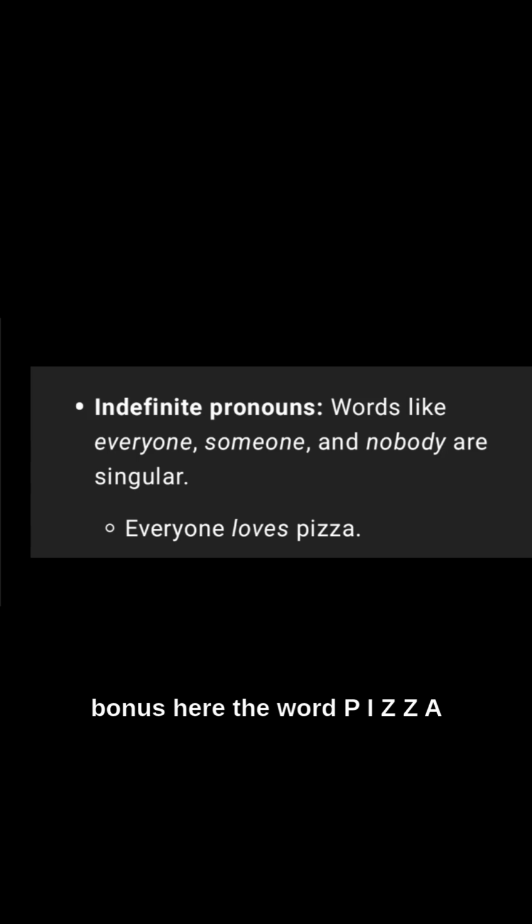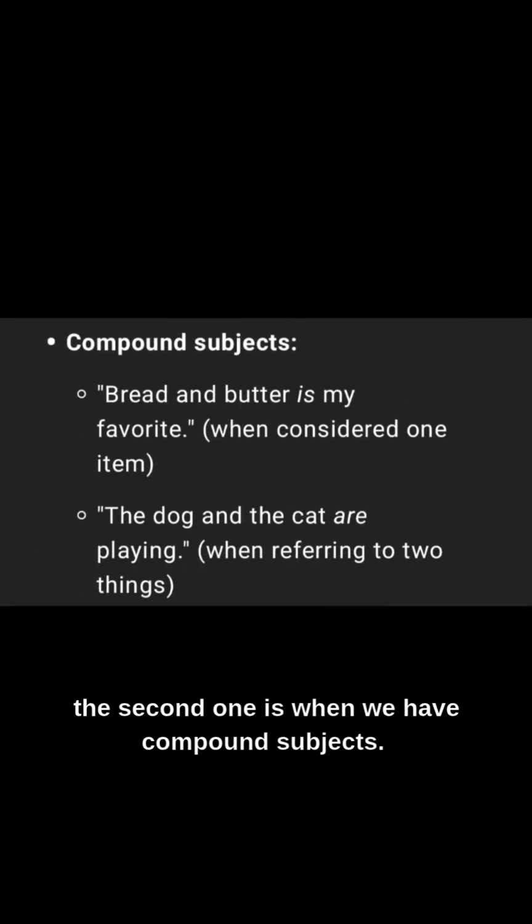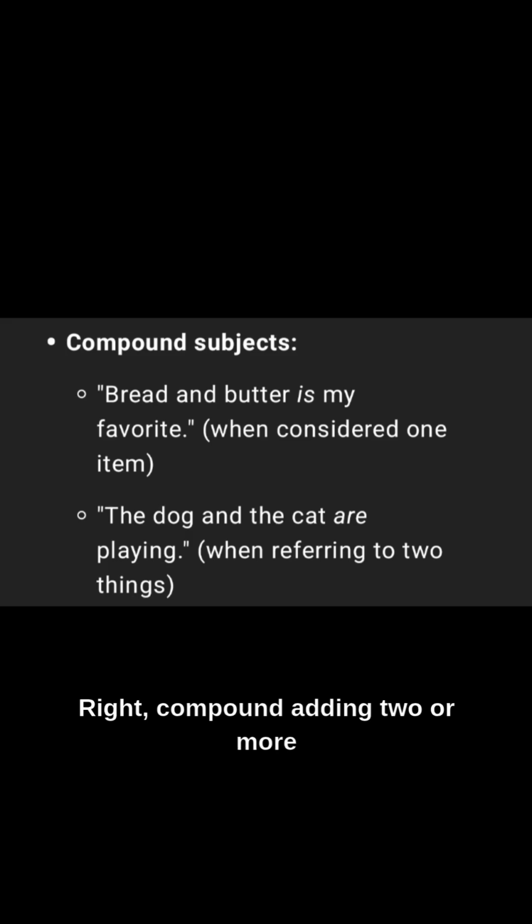Now, there's another bonus here. The word pizza is not pronounced as you may have said it. It's what? Pizza. That is the pronunciation. So back to the subject here, everyone is singular. Now, the verb is also what? Singular.